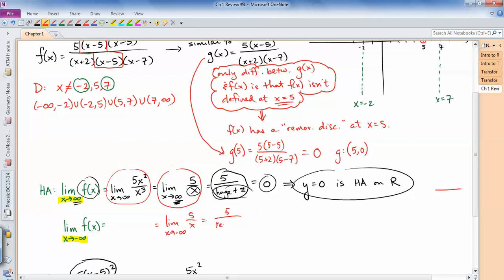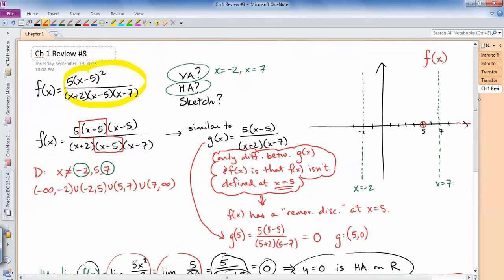If I plug in a really negative number like negative 10 billion, 5 divided by negative 10 billion is also getting closer and closer to 0 the more negative that bottom number gets. So now this tells me y equals 0 is a horizontal asymptote, and since it's going to negative infinity, on the left side.